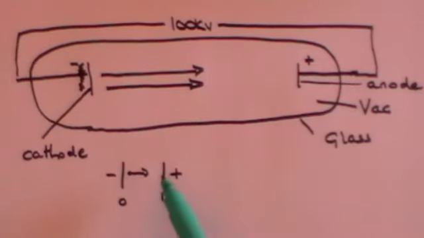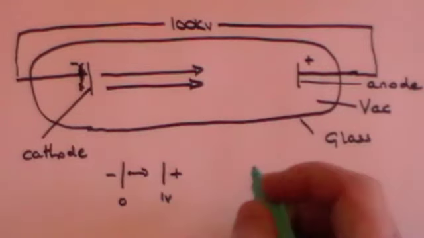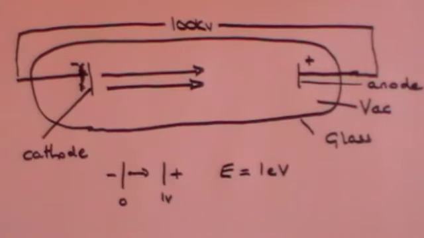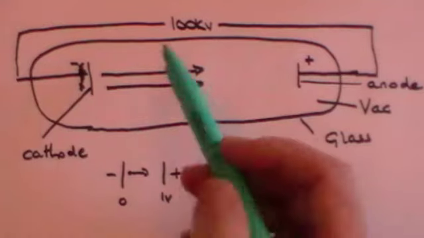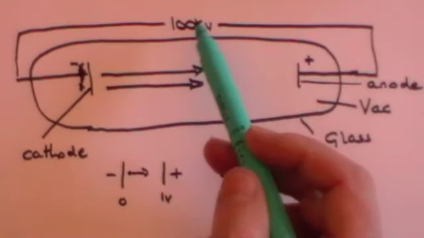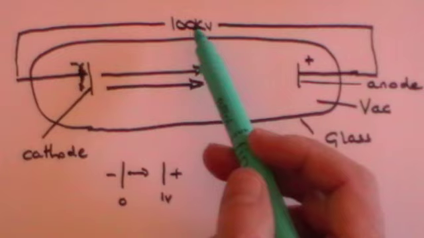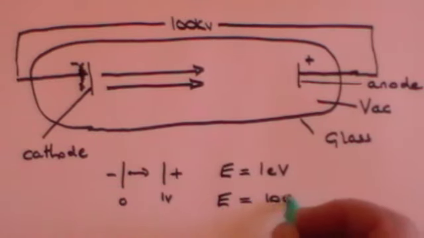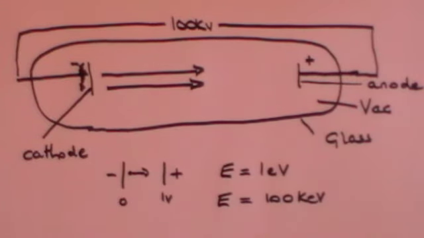If the electron is attracted to the positively charged plate and crosses a gap of 1 volt, we say that its energy is equal to 1 electron volt, simply because 1 electron has jumped across a potential difference of 1 volt. Well, here we've got an electron that is jumping across a potential difference of 100,000 volts. So the energy in the case of our electrons is going to be 100 keV, 100,000 electron volts of energy. And that's a lot of energy.